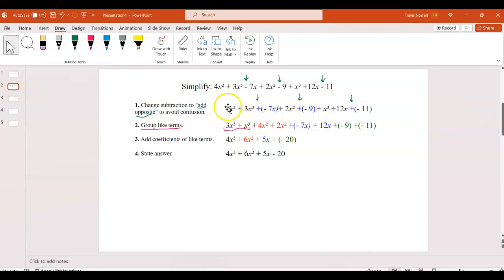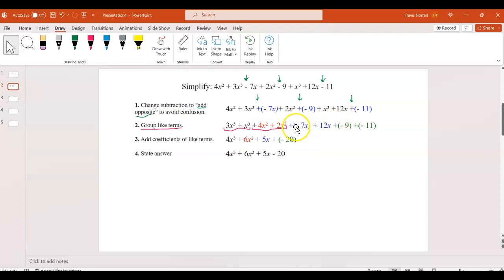We had a positive 4x squared and a positive 2x squared. So we move those together. When we move the numbers together, we move their sign with them. Now notice that we had plus a negative 7x and plus a positive 12x.